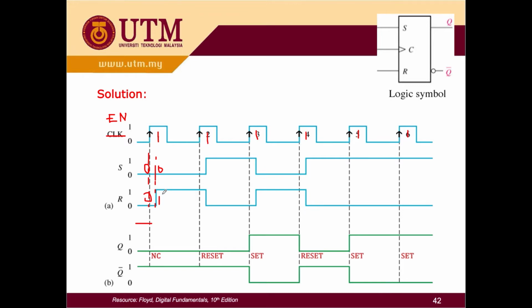I forgot to check. If 0, 1, let me check. 0, 1, okay, over here. If 0, 1, it will be reset. So you will follow like this until 0, 0, 1. Okay, until over here.